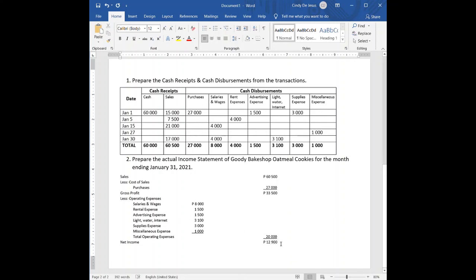So, this is now your income. I'm about to underline it. There. So, that's as simple as that. Just make sure that all transactions are supported with business documents.